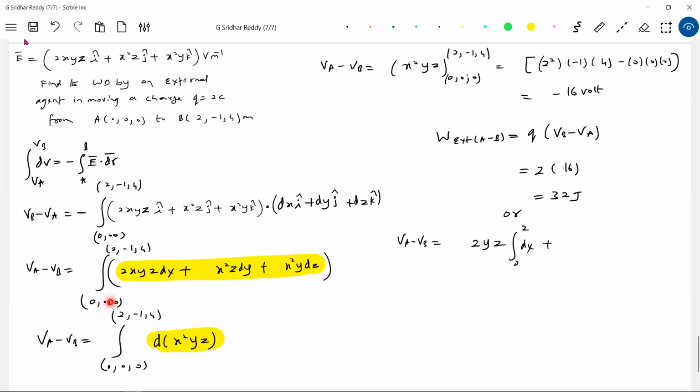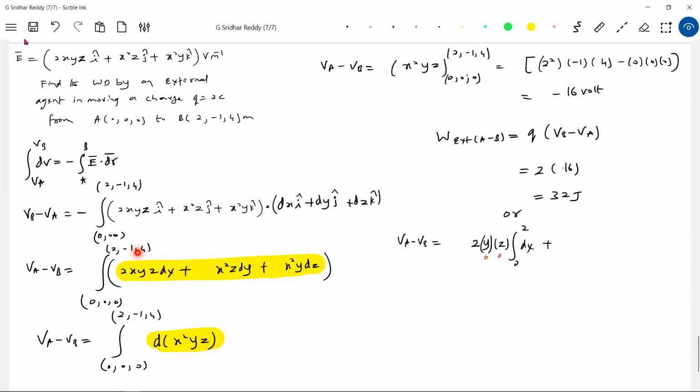There's a bracket, no? In the bracket, we'll write it. Then what is the value of y and z? In fact, they're 0. Now you have integrated. Now you are at 2, 0, 0. Then you are going to integrate along the y-axis. Already x has reached the value of 2, no?